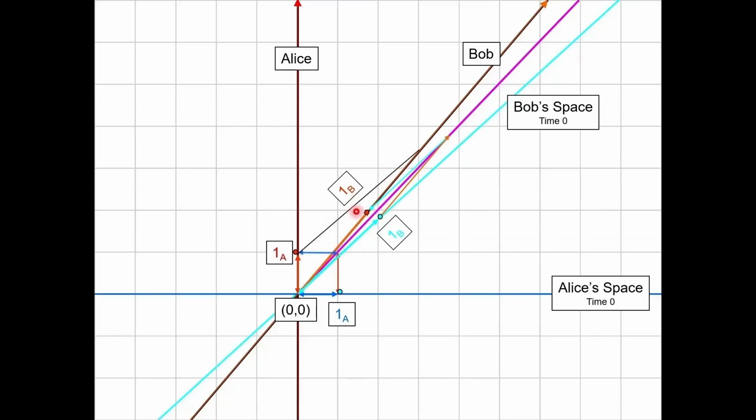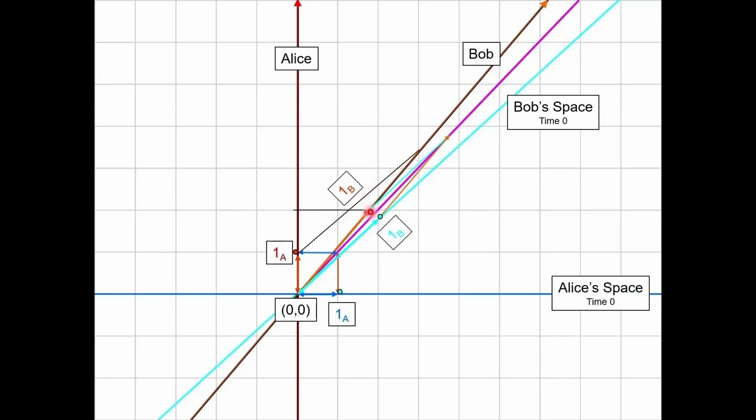These are the lines of the coordinate system of Bob, and we see that Bob sees Alice's 1 second as happening after 2 seconds of his. So this is 1 second of Bob, and this is how he sees Alice's 1 second as happening after 2 seconds of his.